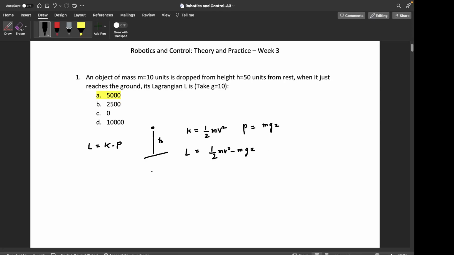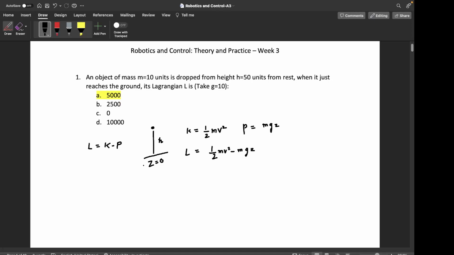So here z is 0, and the kinetic energy will be equal to the potential energy at the topmost point, the point from which it was dropped. All that potential energy will be converted to kinetic energy when it is about to hit the ground.